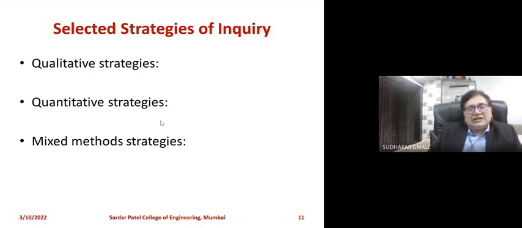And I want to explain some of the issues on qualitative, quantitative, mixed method strategies. Qualitative research comes in qualitative strategies. It relies on data obtained by the researcher from first-hand observations. How to collect these strategies? What is your strategy to collect quantitative, qualitative research? It is very important.